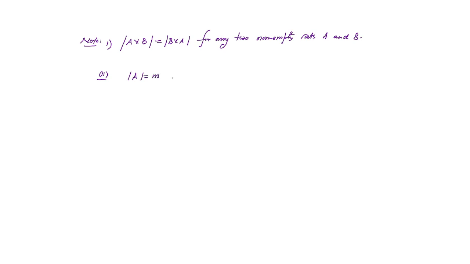Okay, but the note is: the cardinality of A Cartesian product B must be equal to the cardinality of B Cartesian product A for any two non-empty sets A and B. Next note: if the cardinality of A equals m, that means it contains m elements, and the cardinality of B, that is the number of elements in B, is n, then you will see the Cartesian product of A and B contains mn elements.